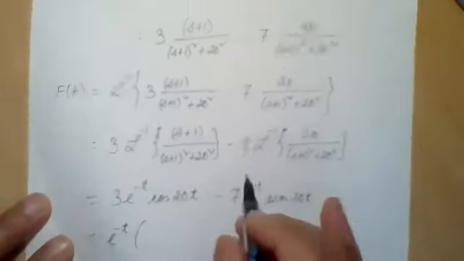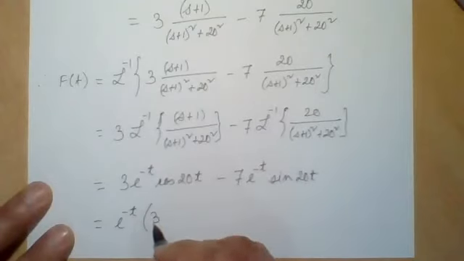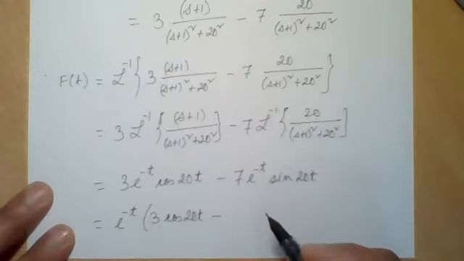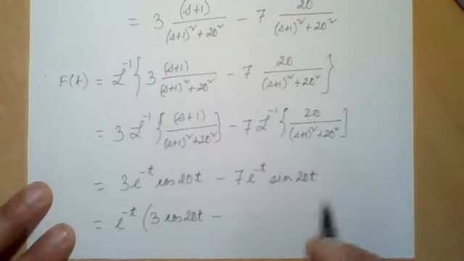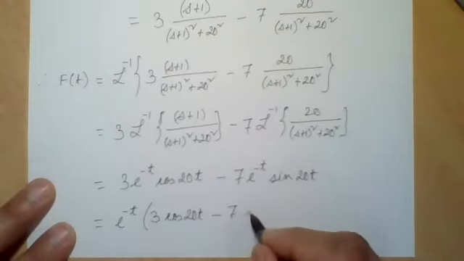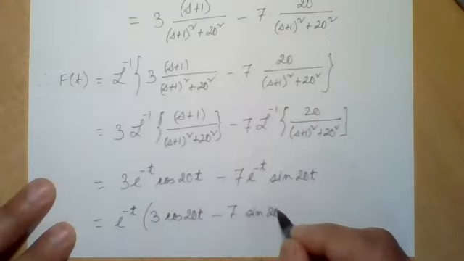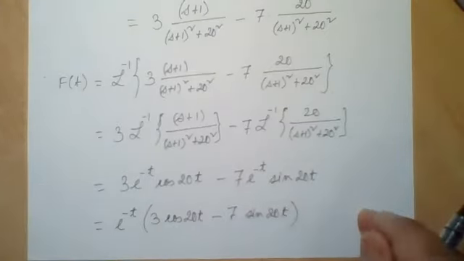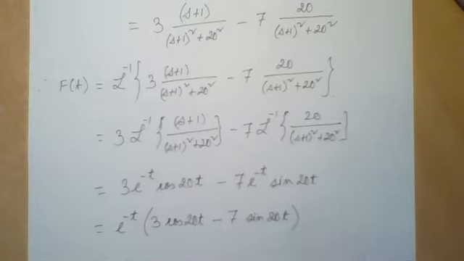This is 3 cos 20t minus 7 sine 20t. So this is e to the power minus t times (3 cos 20t minus 7 sine 20t).